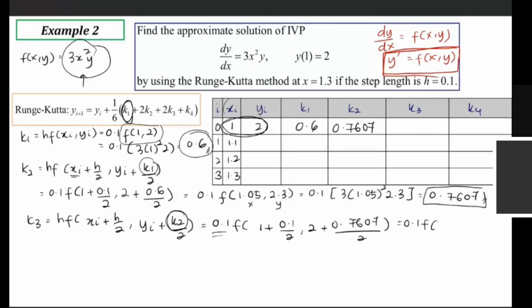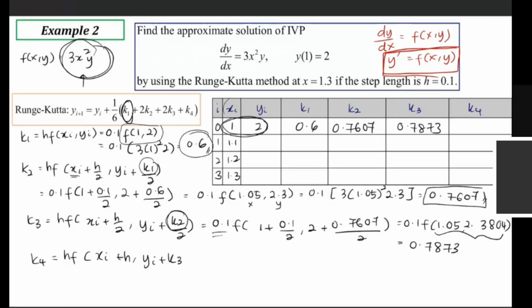Don't forget the 0.1 f. 1.05, 2.3804. And then substitute this value in f(x,y), then you will get 0.7873.